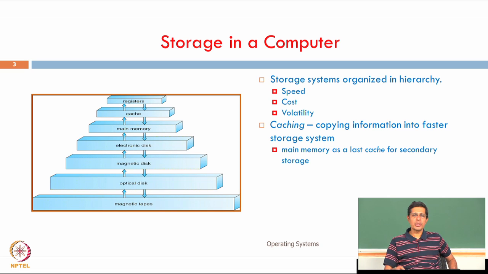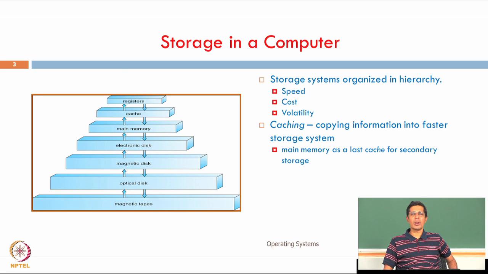So even if I switch off the system, the data will be stored and I could retrieve it whenever I switch on the system. This is basically called volatility. If I store it inside the CPU or in the main memory, which we call the random access memory, when I switch off the power, the data gets lost.